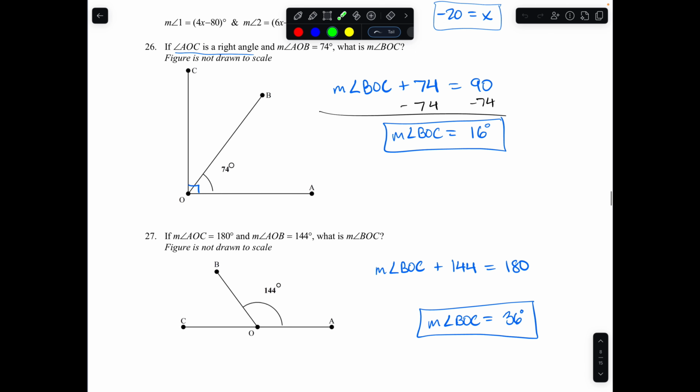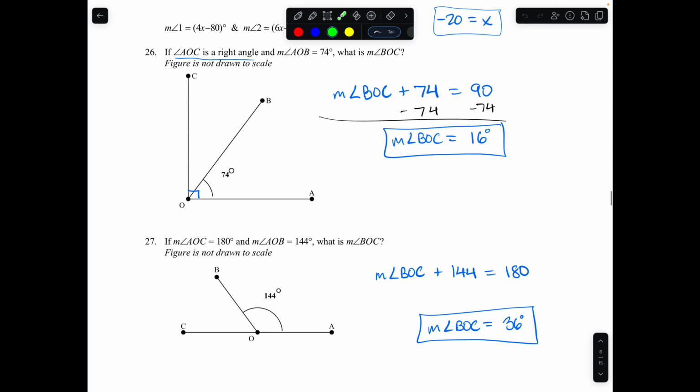All right, 26. It's given that AOC is a right angle. So I drew that right here to show that it's 90 degrees. And they tell us that angle AOB is 74 degrees.